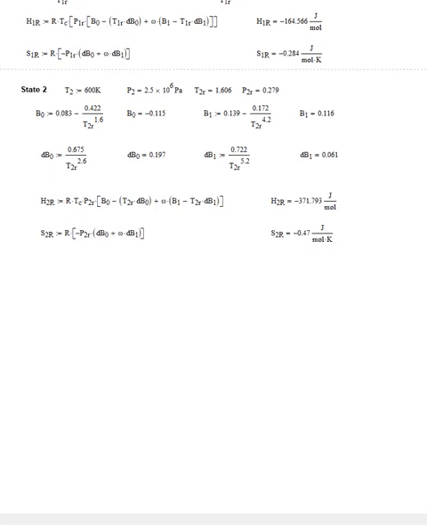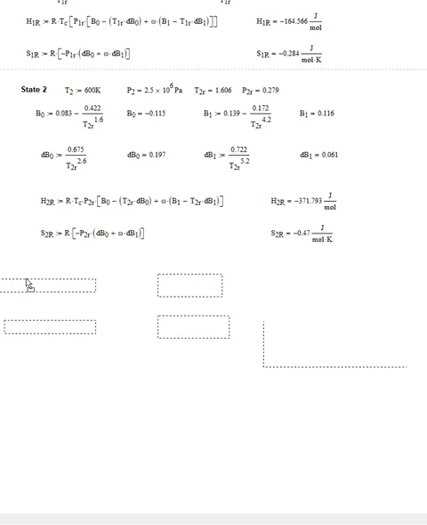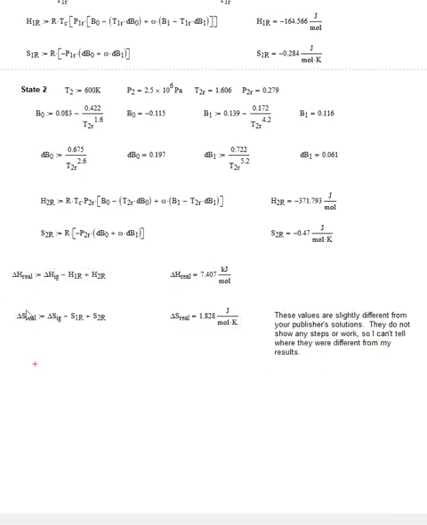And then finally we put everything together into our final calculation for delta H for the real process. So you remember that's going to be delta H for the ideal gas minus H1R plus H2R. And delta S for the real process is going to be delta S for the ideal gas state minus S1R plus S2R. And these are the answers that we get.